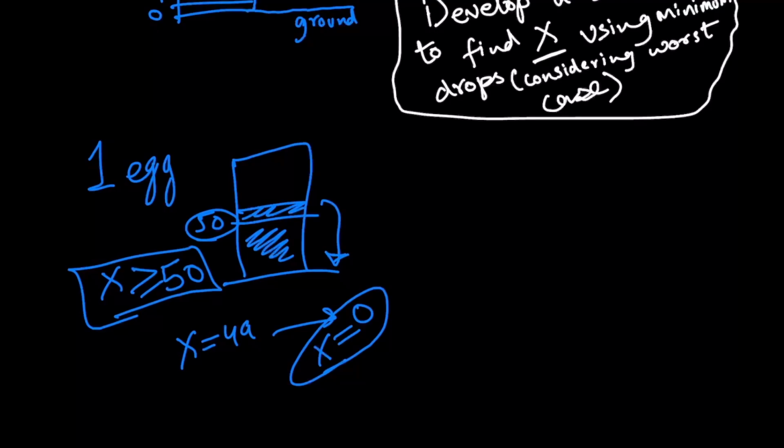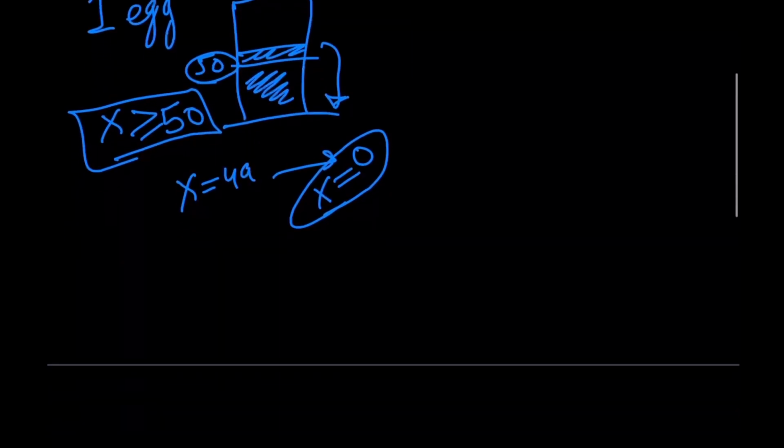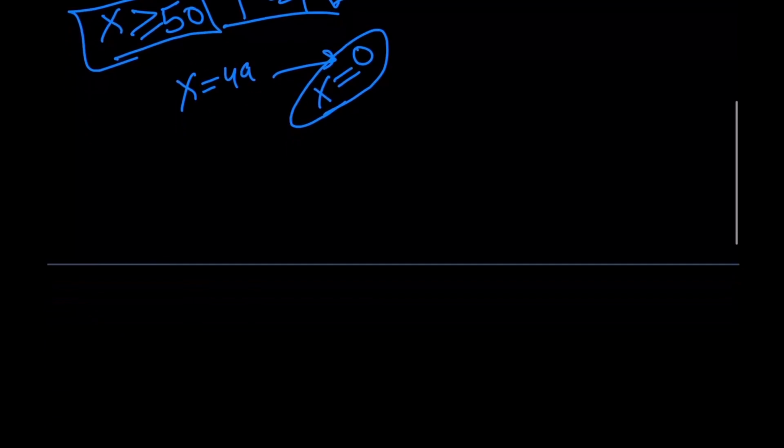And since we have to find out the value of x no matter what happens, this is where considering the worst case becomes important. What that means is no matter what happens, our strategy must work. So obviously this isn't a way to solve it.